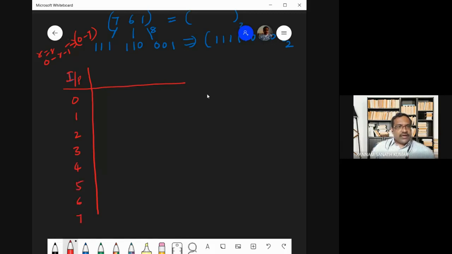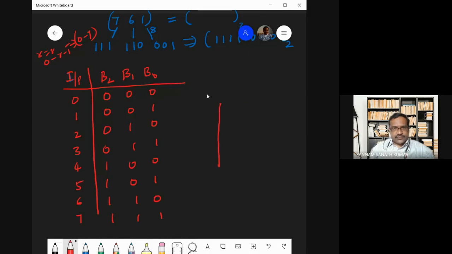And the binary values are B2, B1 and B0. So 0 is 000, 1 is 001, 2 is 010, 3 is 011, 4 is 100, 5 is 101, 6 is 110, and 7 is 111. So this is the octal to binary representation for the block diagram.